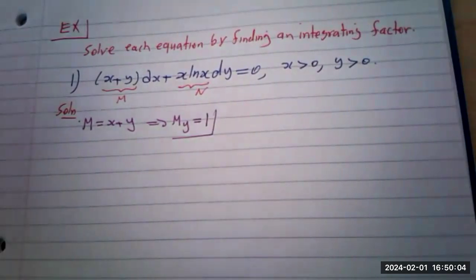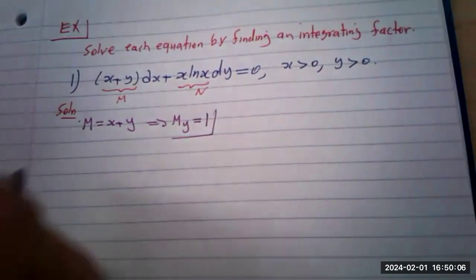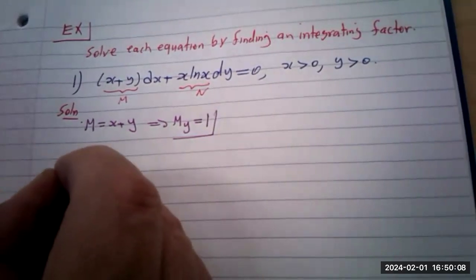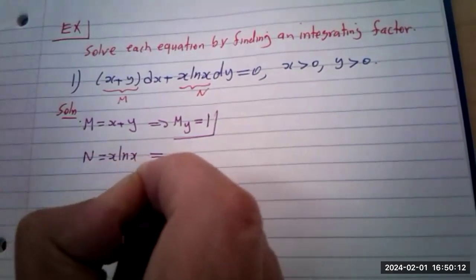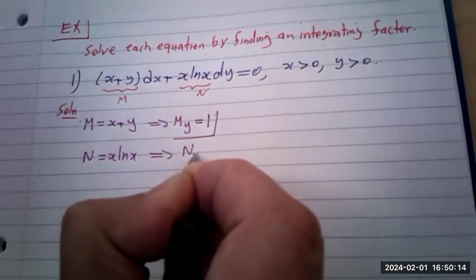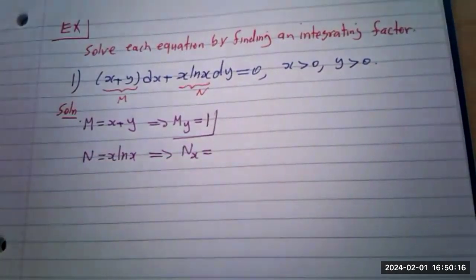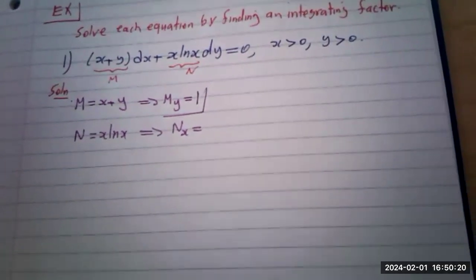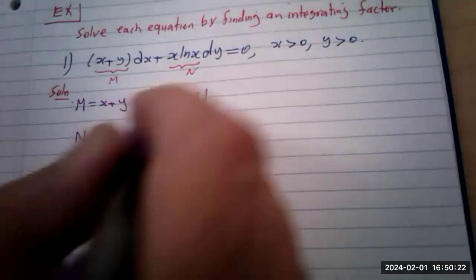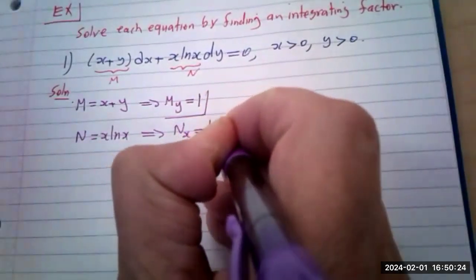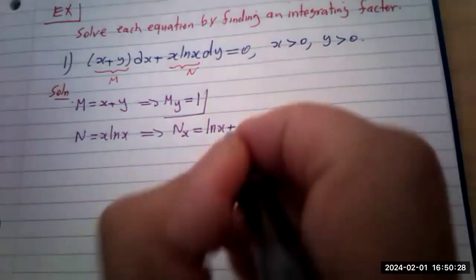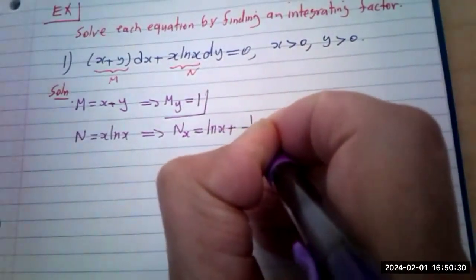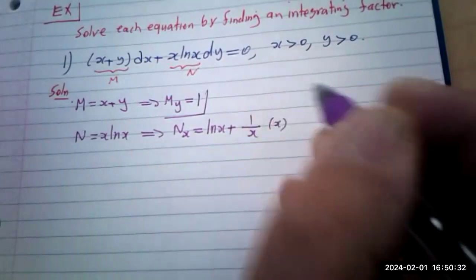Okay, we have the N. N is equal to x ln x. You have to differentiate with respect to x, using the product rule: derivative of the first times the second, plus the derivative of the second times the first. Derivative of x is 1 times ln x, plus the derivative of ln x, which is 1 over x, times x.